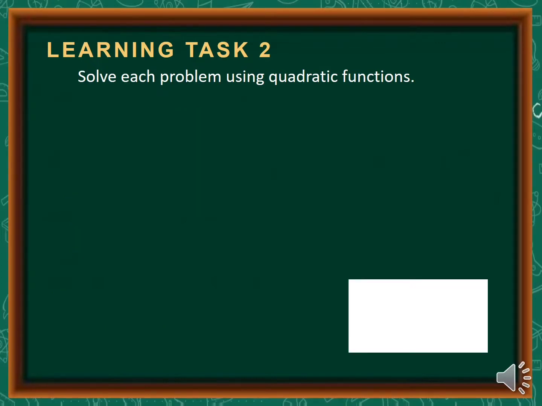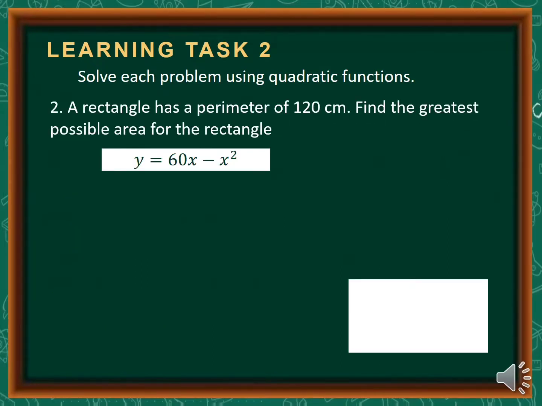Next is, after knowing the equation of the quadratic function, y is equal to 60x minus x squared, let us find the vertex para makuha na natin ano ba yung greatest possible area, and what is that dimensions of the rectangle na makakapagbuo ng ating greatest possible area. So here, let us find the h.